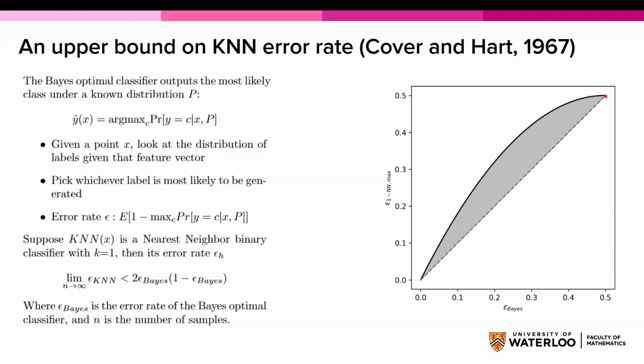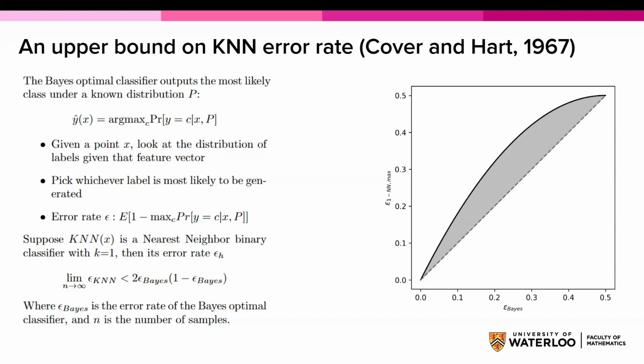If the Bayes classifier has a 50% error rate, so it's essentially just guessing randomly in binary classification, then both the Bayes and 1-NN classifiers are essentially making random predictions. So they would both have a 50% error rate in that case. You might be wondering what happens after 50% error rate, but the Bayes error cannot exceed 50%, at least in the binary classification setting, because the Bayes classifier always chooses the class with the highest probability.